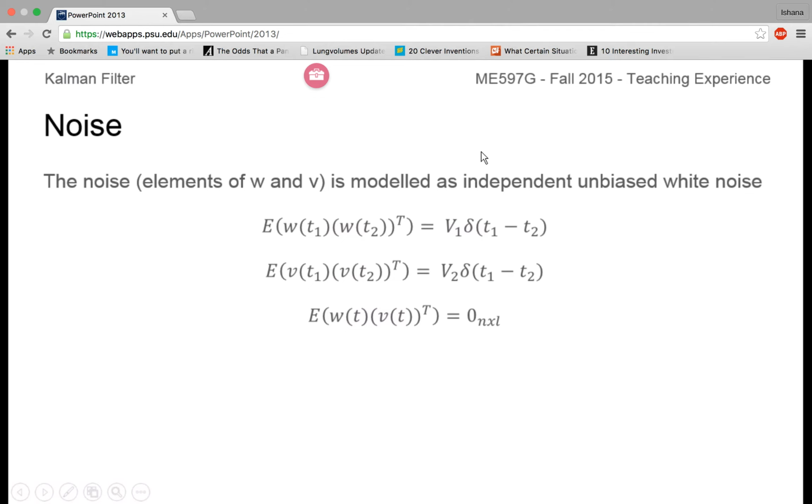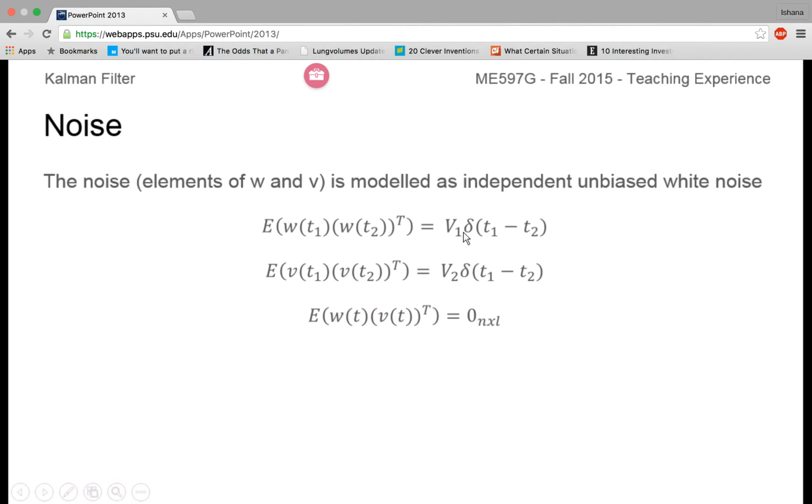So if we know this about the noise, we can draw some relations about the correlations, which is that the noise vector W at any time t1 and the noise vector W at any time t2, which is some later time, or some previous time, is given by this vector multiplied by an impulse function.